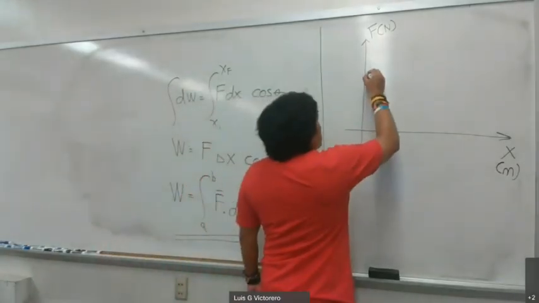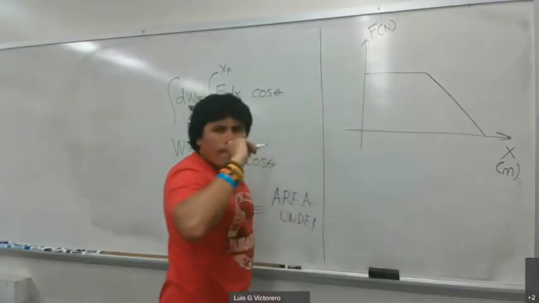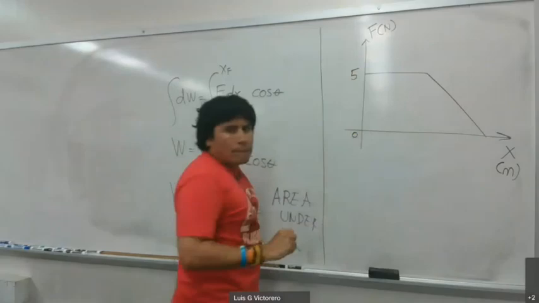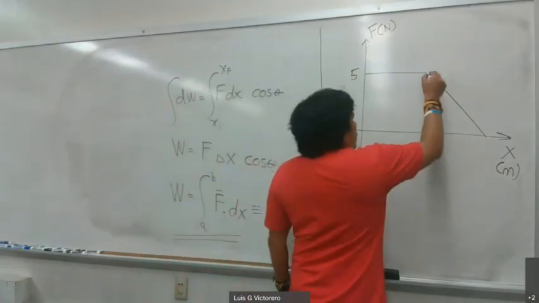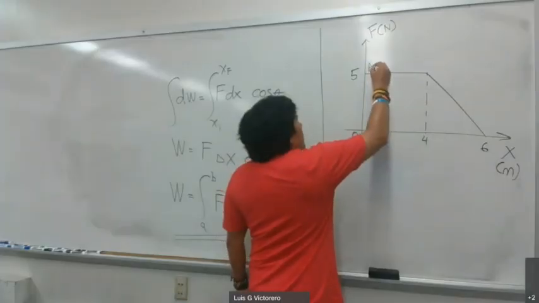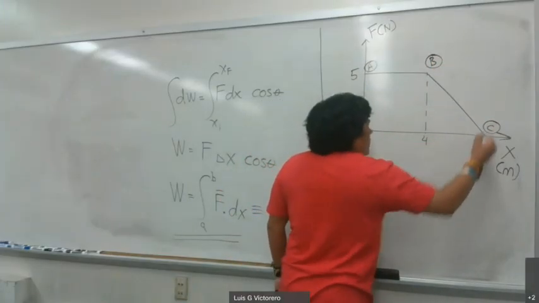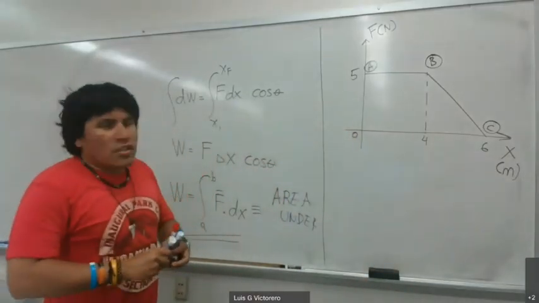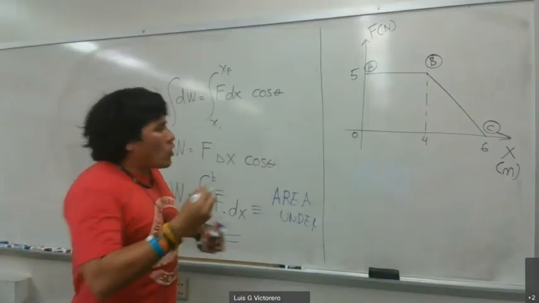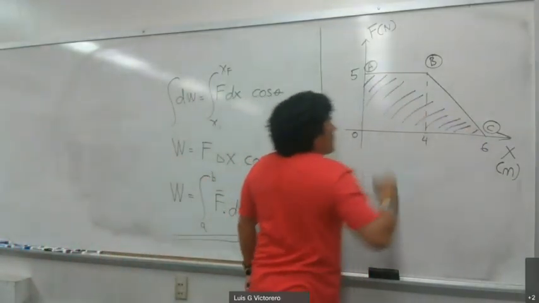Four goes on, five, and here is 4. So it goes from A to B. The force is changing as a function of position from 0 to 6 meters, and you want to find the work done during the whole displacement.